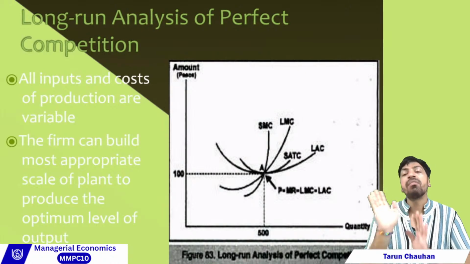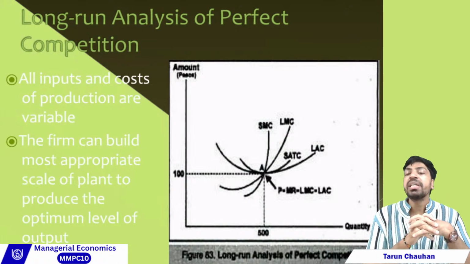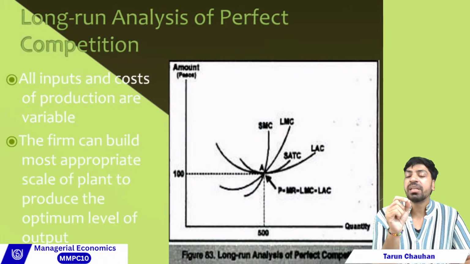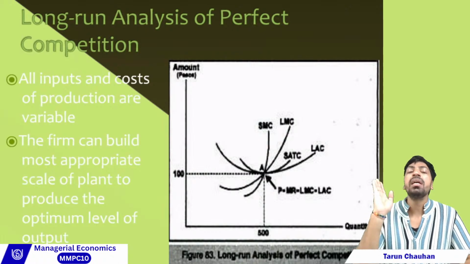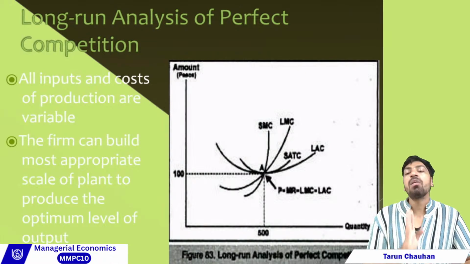The shape of the marginal cost will remain the same as in the long run average cost curve, which begins by increasing slowly, then stays little constant, and then immediately rises sharply, and that is the shape of the long run marginal cost curve.